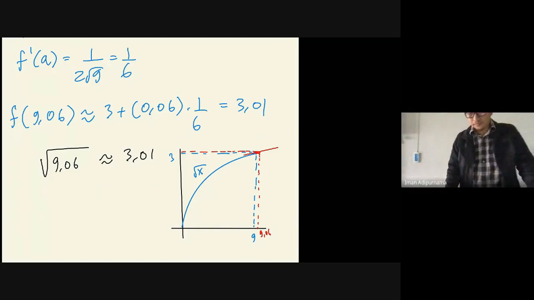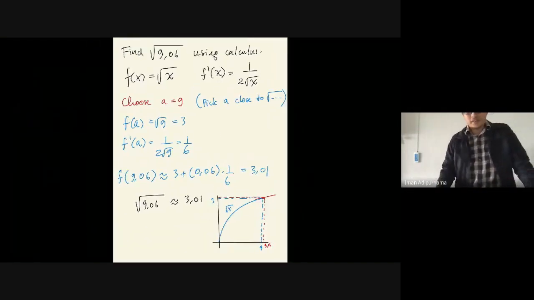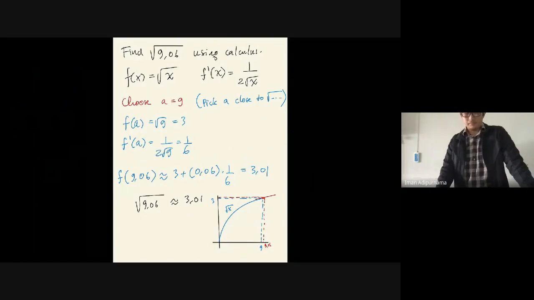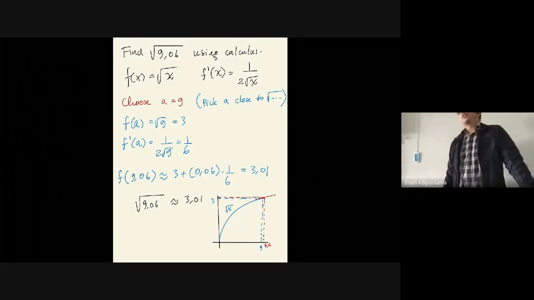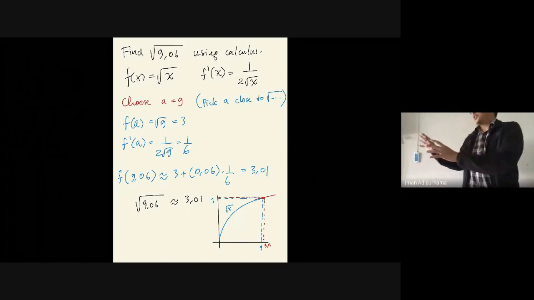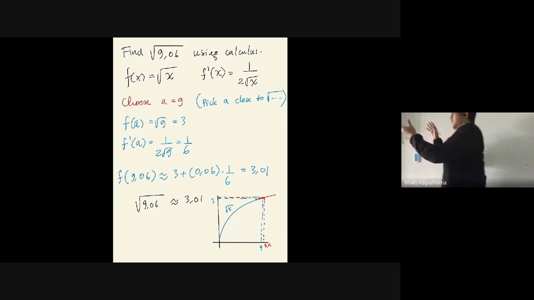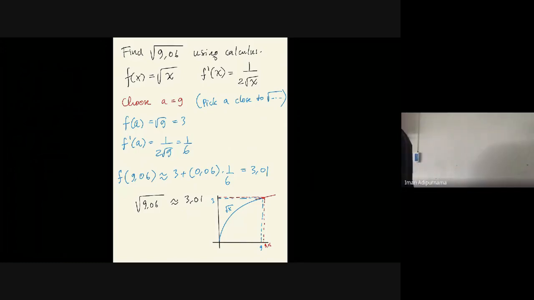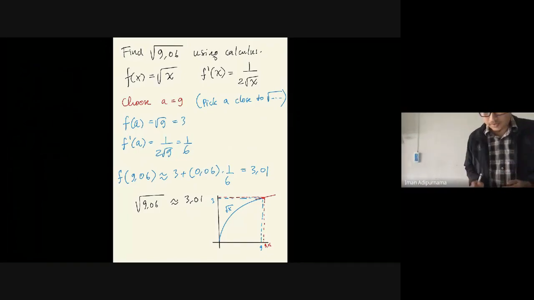Another idea from this is actually a method called Newton's method. I will deal with it later in chapter 4, but let me introduce it in this class, because it's actually the same principle as linear approximation. So this is an example.